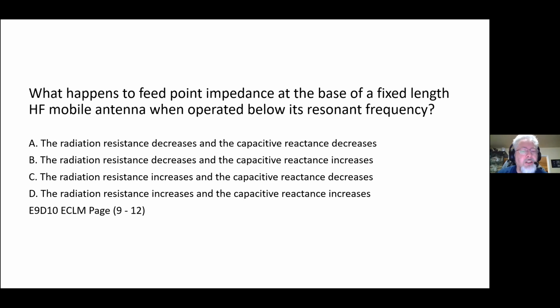C, the radiation resistance increases and the capacitive reactance decreases. Or D, the radiation resistance increases and the capacitive reactance increases. Bravo is correct. The radiation resistance decreases and the capacitive reactance increases.